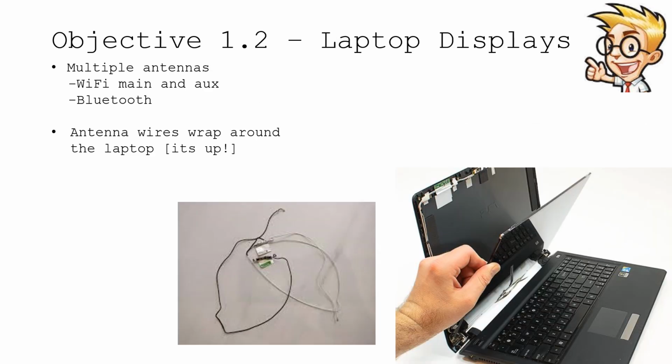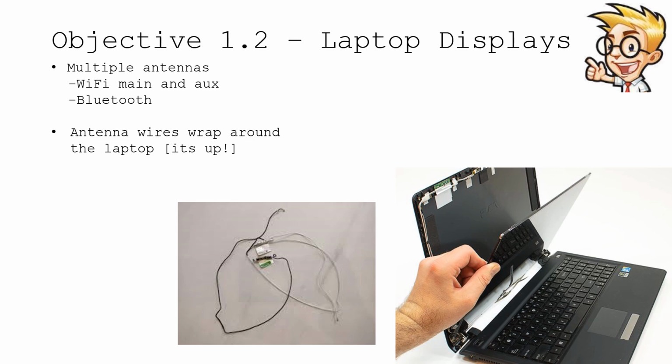One aspect of our laptop displays that we don't often think about is how they're used on wireless networks. When you open the laptop, your display is the highest component in the system, so it's a perfect place to run your wireless antennas.